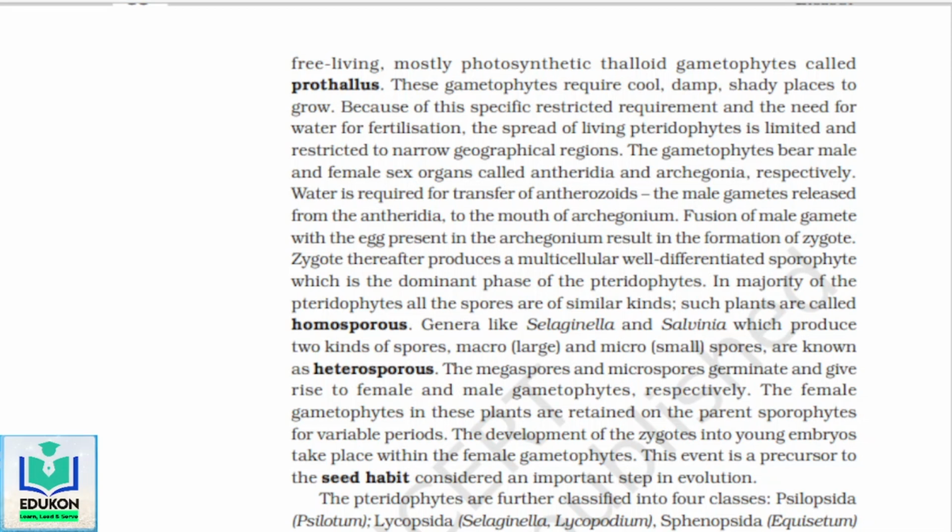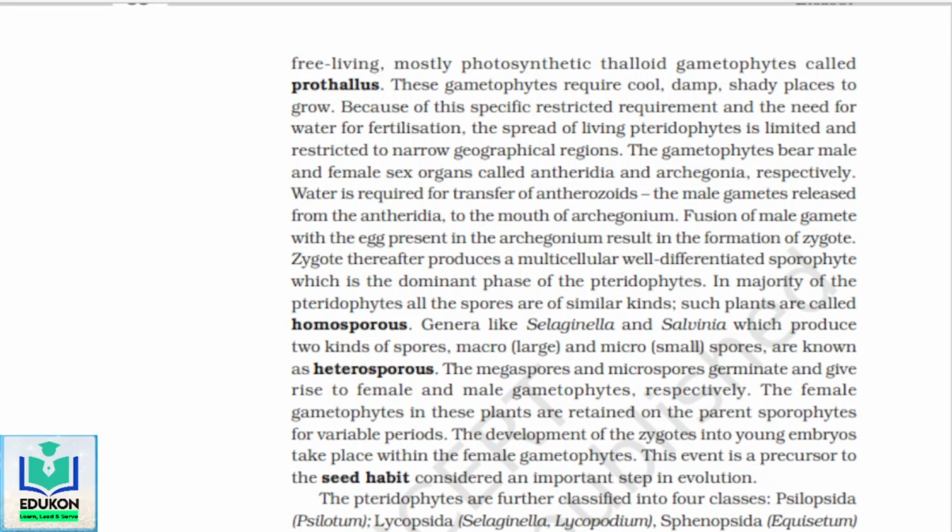So what we learn here: certain plants have the same kind of spores, which are called homosporous. Certain plants like Selaginella and Salvinia produce two kinds of spores, macro, which are large, and micro, which are small. They are called heterosporous plants. The megaspores give rise to female and the microspores give rise to male gametophytes, respectively.